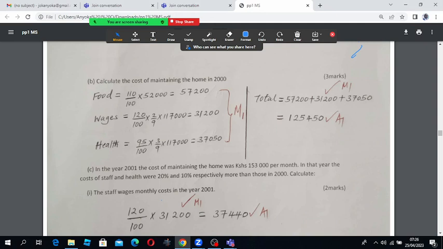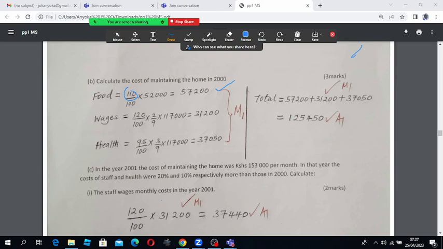So we start with the food stuff, and the food stuff is 110% because it increased by 10%. Then times over 100 times 2,000, which gives us 7,200.